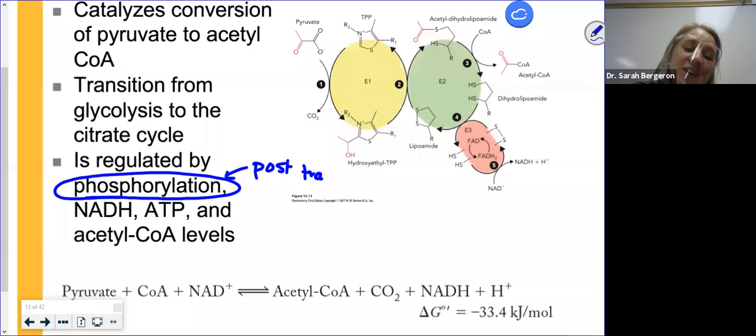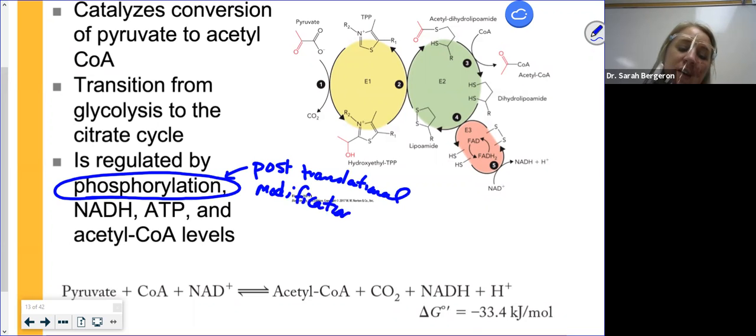Post-translational modifications, and you can also have allosteric control, which are the other ones. So is this an overall favorable reaction for the cell? Yes. How did we make it favorable? We coupled reactions. If you couple reactions, you can drive them forwards.